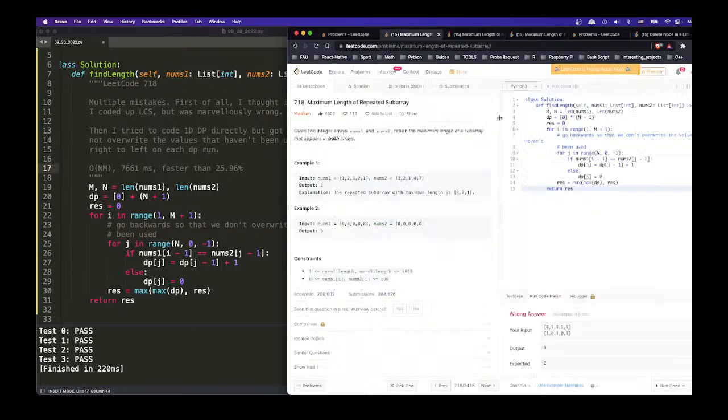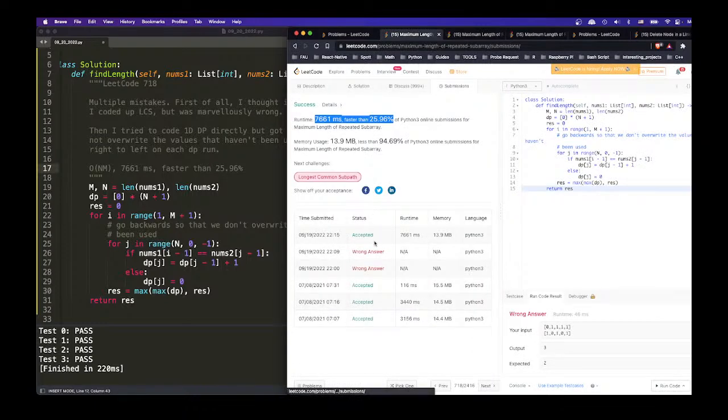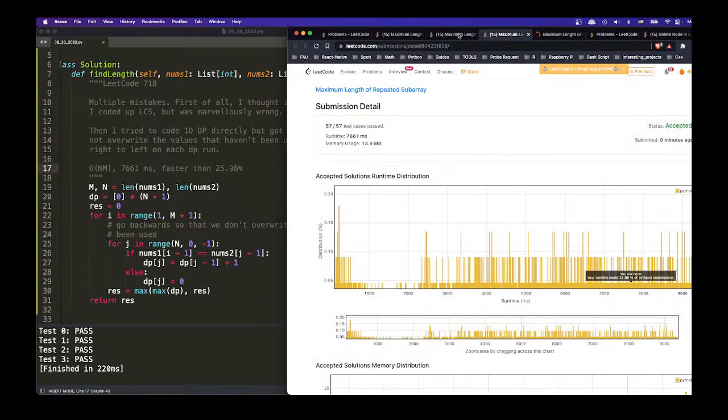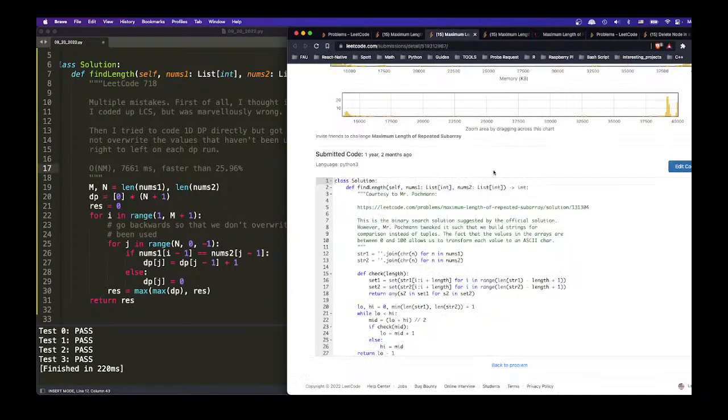Oh, so there was a better solution. 57, so we got 2 more, but the runtime is bad. A binary search. Binary search.